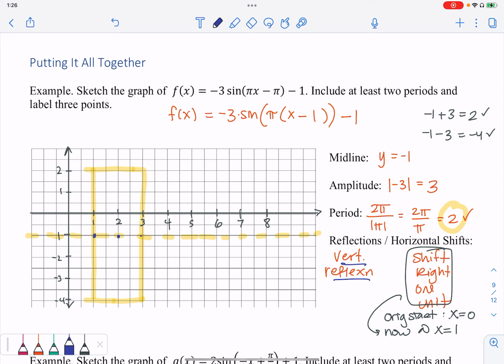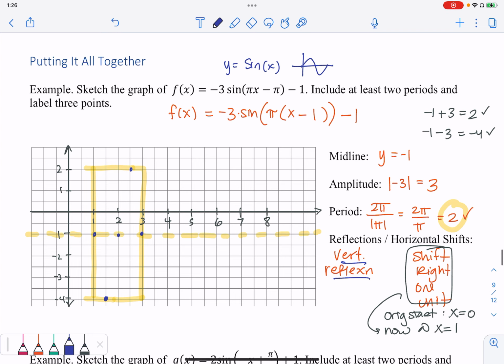I need to draw in my 5 key points. First, I draw in the valley and then the hill. Again, typically, sine of x, right? We know that it starts like this. But because of the reflection, I need to start with the valley first in my graph.